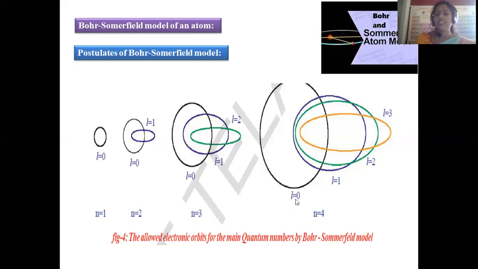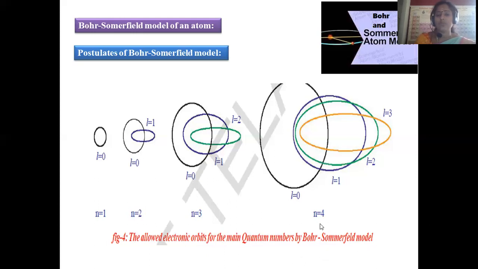In this case, l is equal to 0 corresponds to the s orbital, which has a spherical shape. l is equal to 1 is also represented to some extent in a spherical manner. l is equal to 2, the d orbital, is represented as a somewhat elongated, distorted sphere. l is equal to 3 is completely an elliptical shape. So these are the allowed electronic orbits for the principal quantum numbers given by Bohr-Sommerfeld.